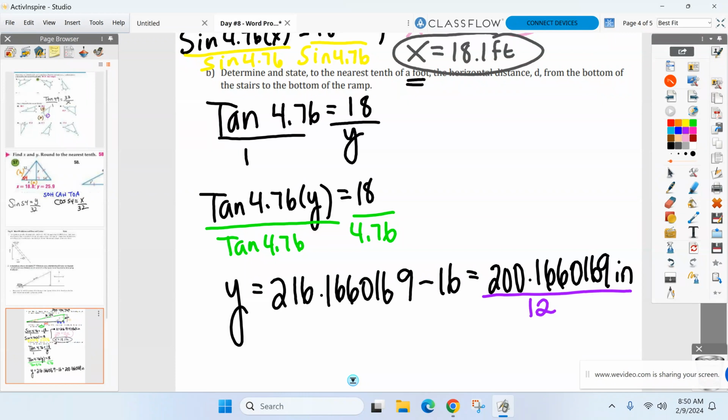Or set up a proportion with the conversion, if you're unsure if you should divide or multiply by 12. And we end up with 16.7 feet. Yes.